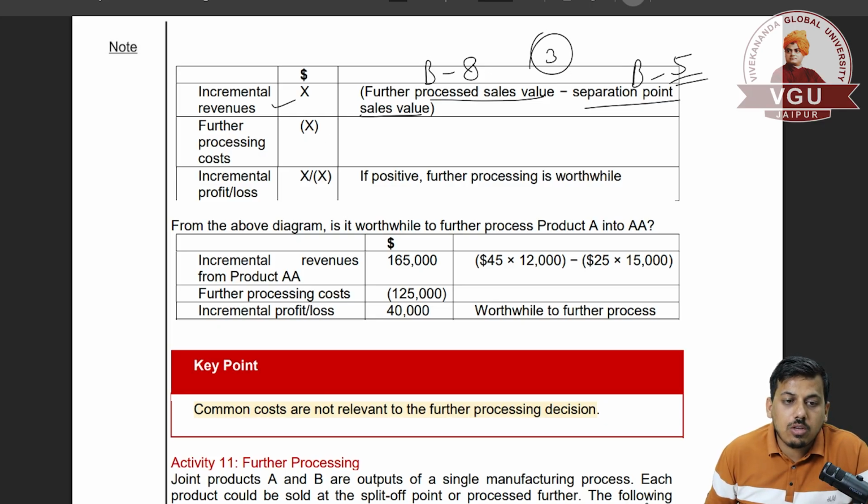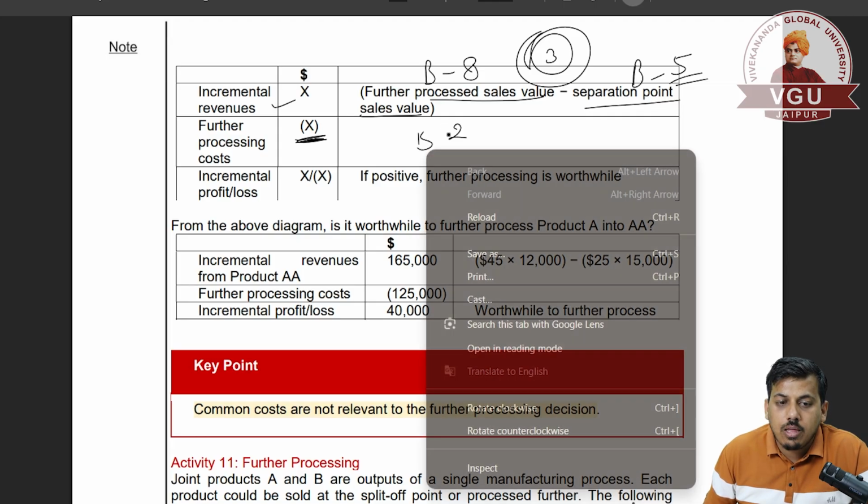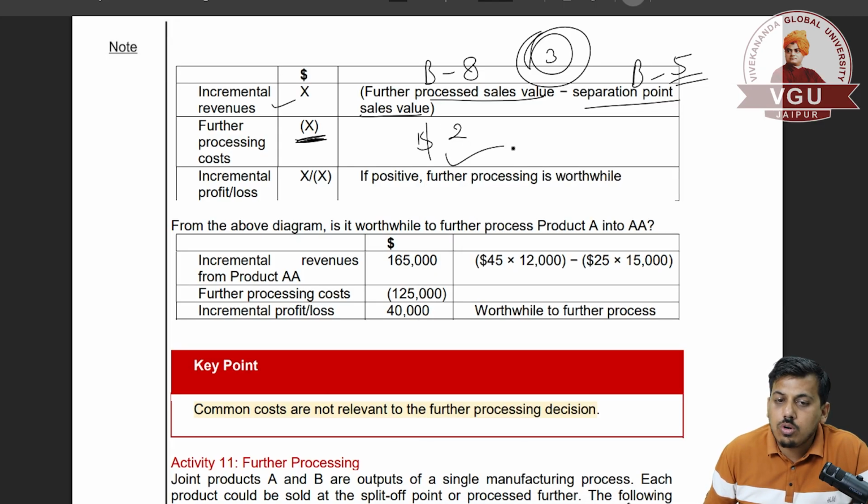And what is the further processing cost? If it is less than 3, suppose $2, then we should do the further processing. But if the processing cost is $4, then we should not do the further processing.